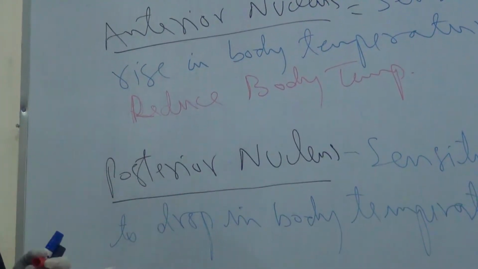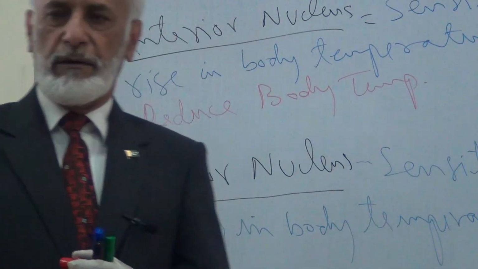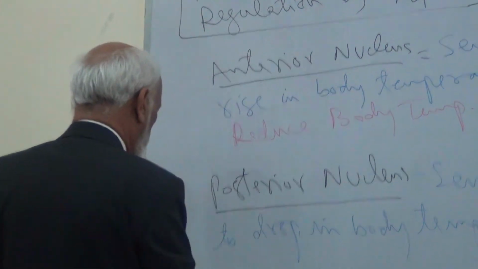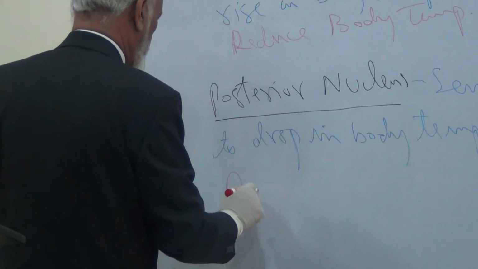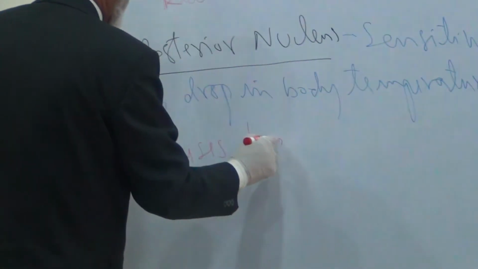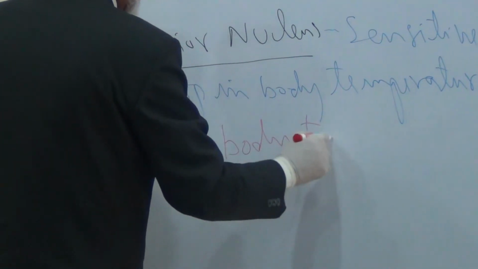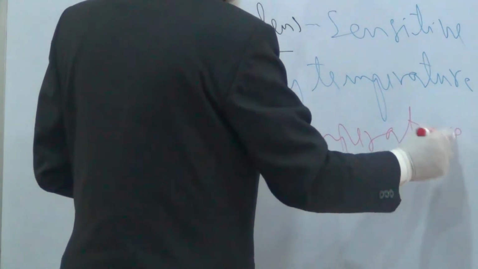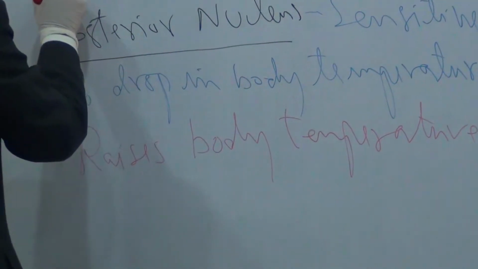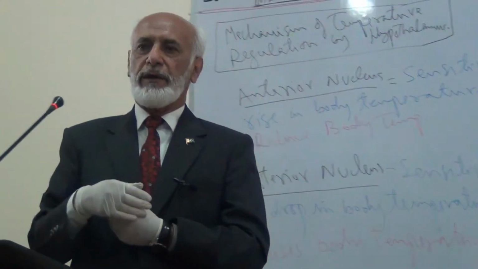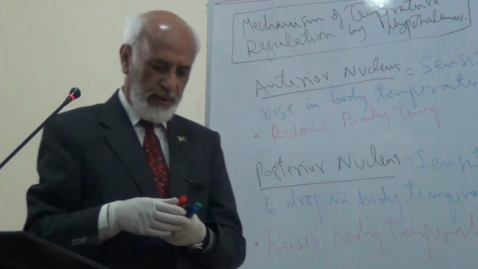And when the temperature of the body drops down, the posterior nucleus raises body temperature. So this is how these two hypothalamic nuclei try to regulate the body temperature.